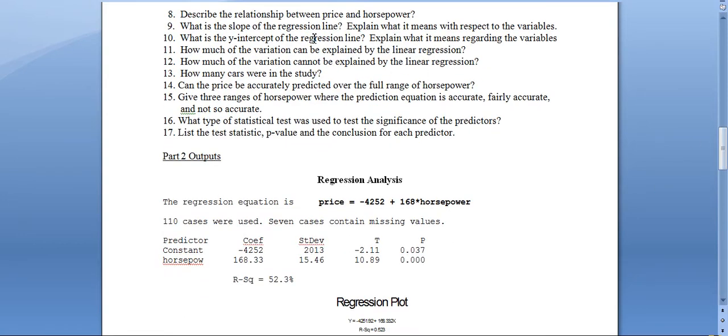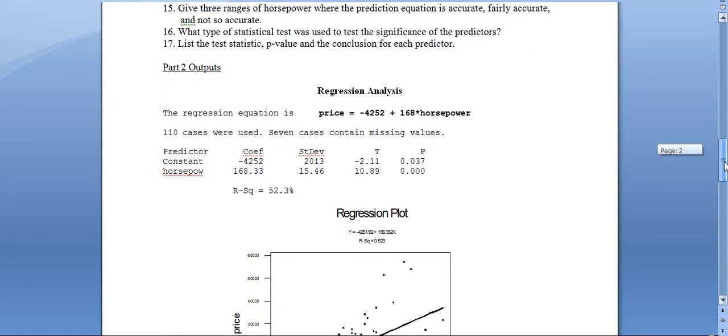What's the slope? Now all of the answers to those questions are given right here in this area. You'll see this is the regression equation. Here's my y-intercept, and here's my slope. And here's my r-squared, or the coefficient of determination, my efficiency of the regression.